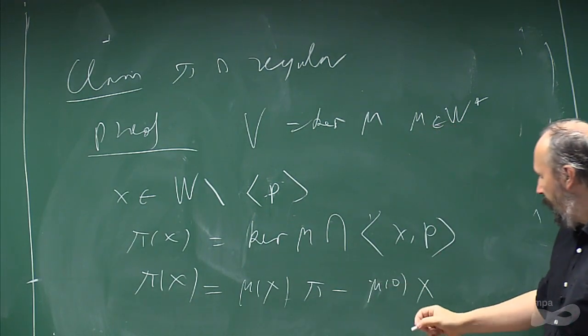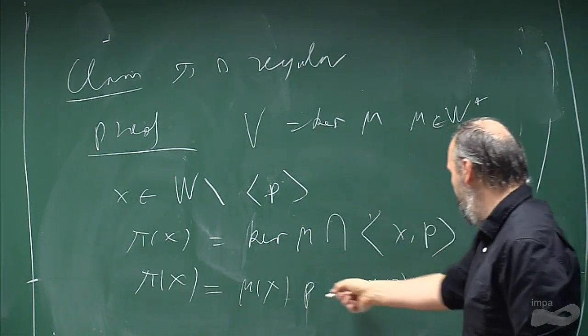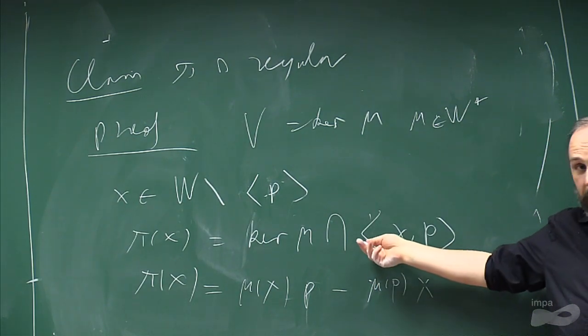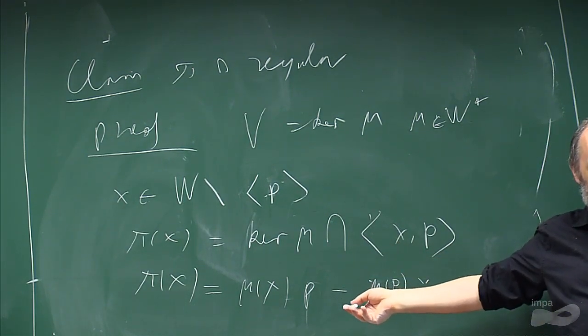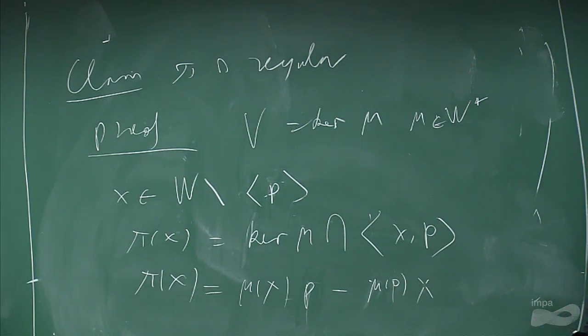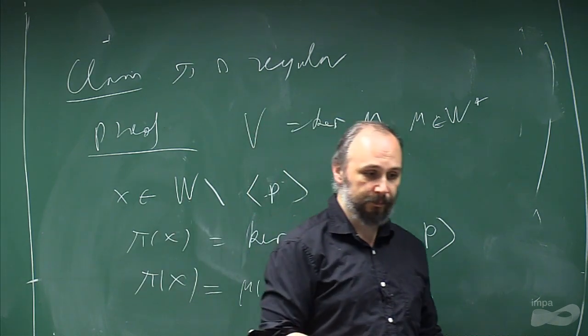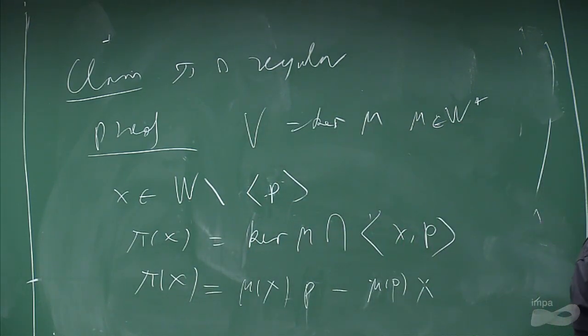If you apply mu to that, you obtain 0. This belongs to the intersection, and the map is polynomial. So it's polynomial in affine coordinates where you represent x by a vector. Clear? Good, thanks.